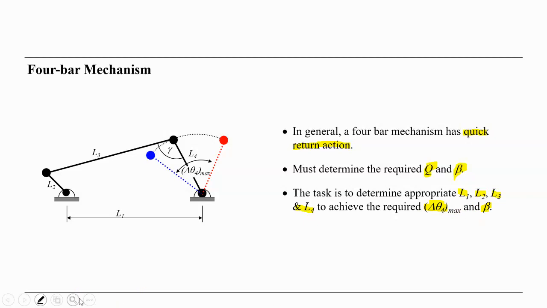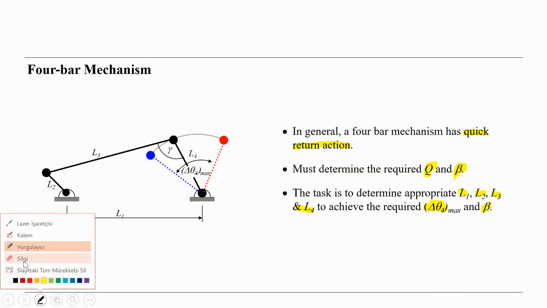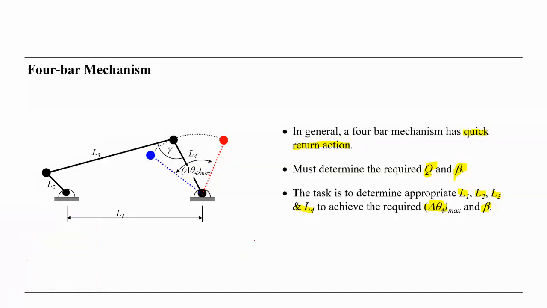So what is given? Let's write here, given is actually delta theta 4, we expect.